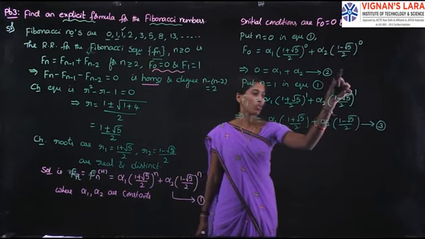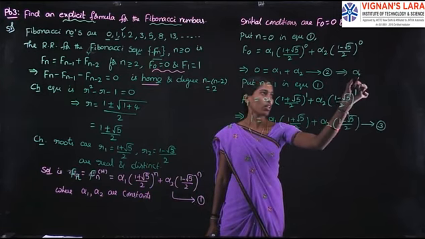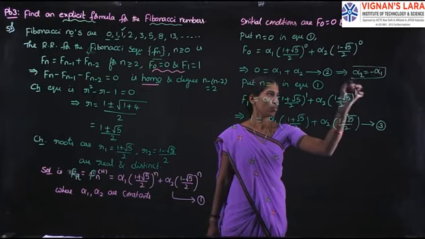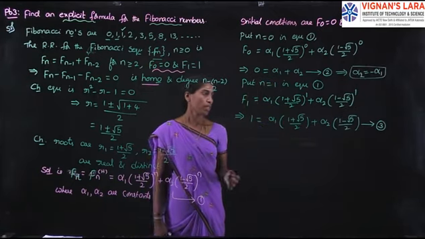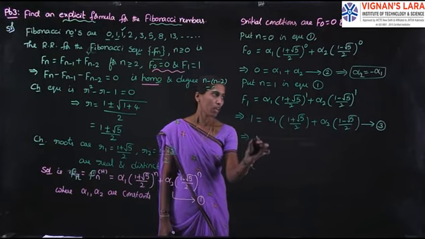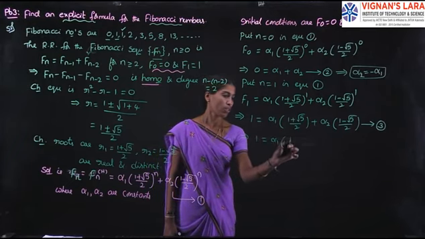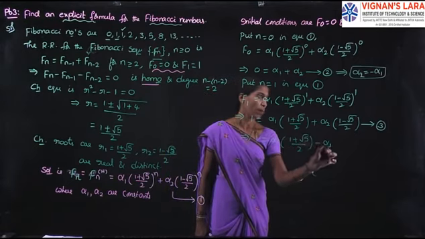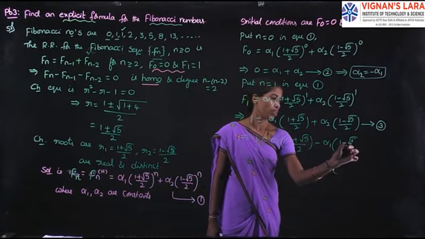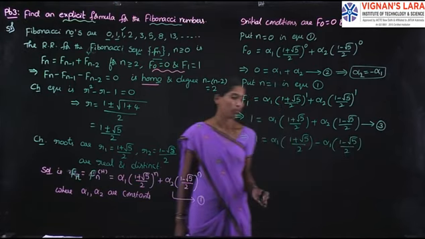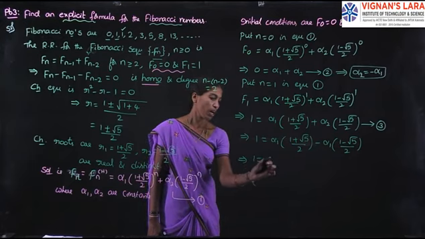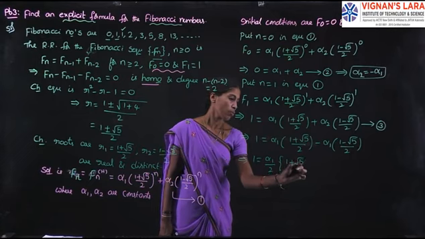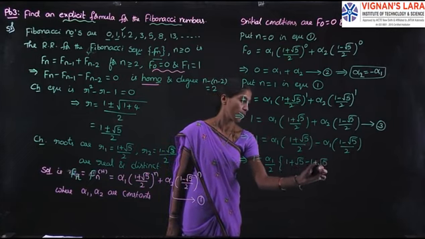From equation 2 we can write alpha 2 is equal to minus alpha 1. Now substitute here. We get 1 is equal to alpha 1 into 1 plus root 5 by 2, minus alpha 1 into 1 minus root 5 by 2. Now taking common alpha 1 by 2 from the RHS, 1 plus root 5 minus 1 plus root 5.